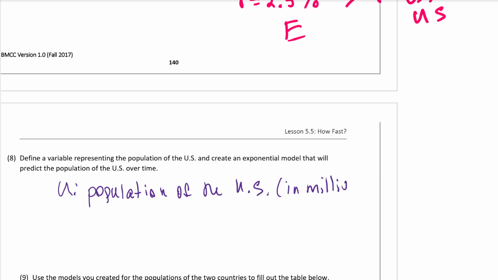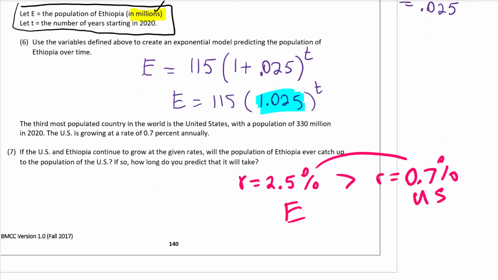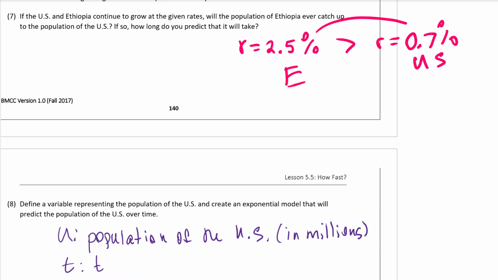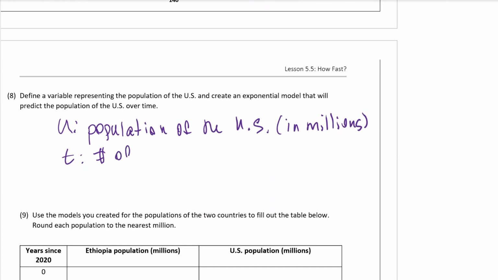And then we're going to define T, just like we did before, right here. Time, the number of years since 2020, or years past since 2020.